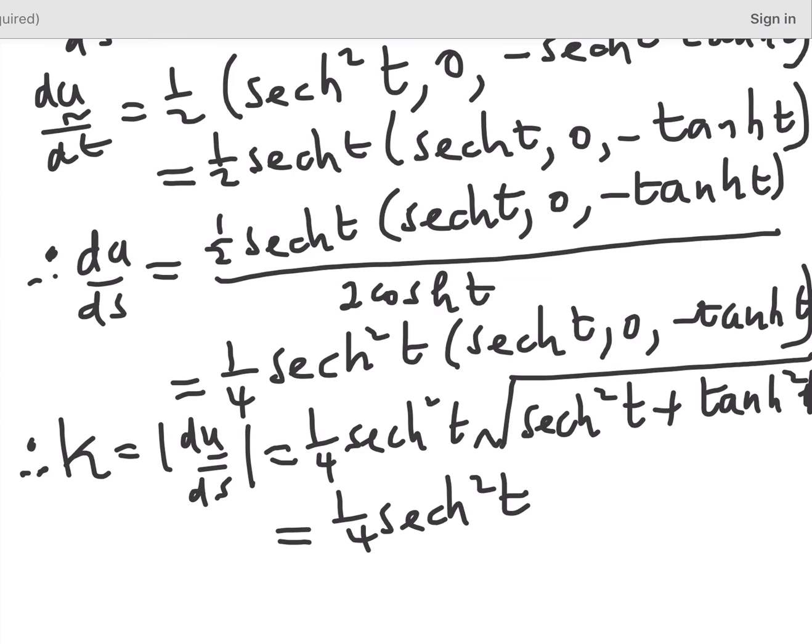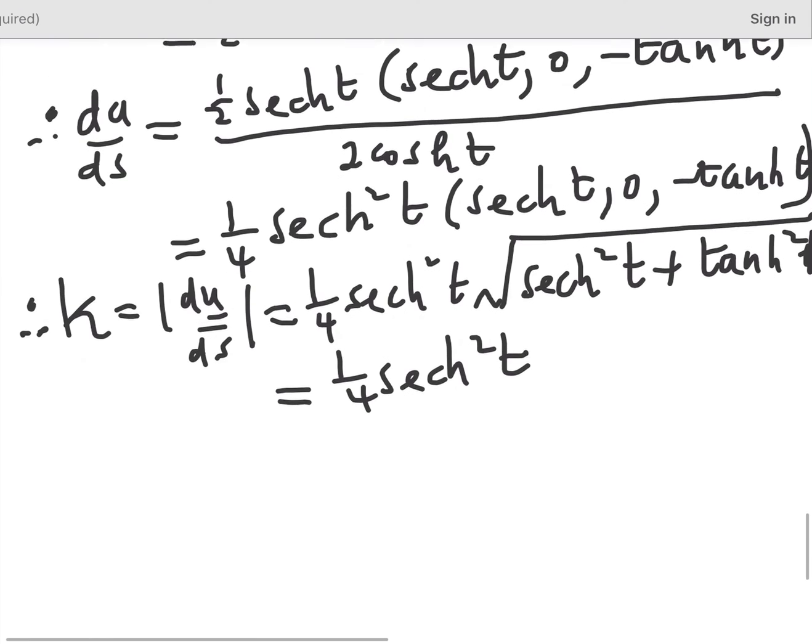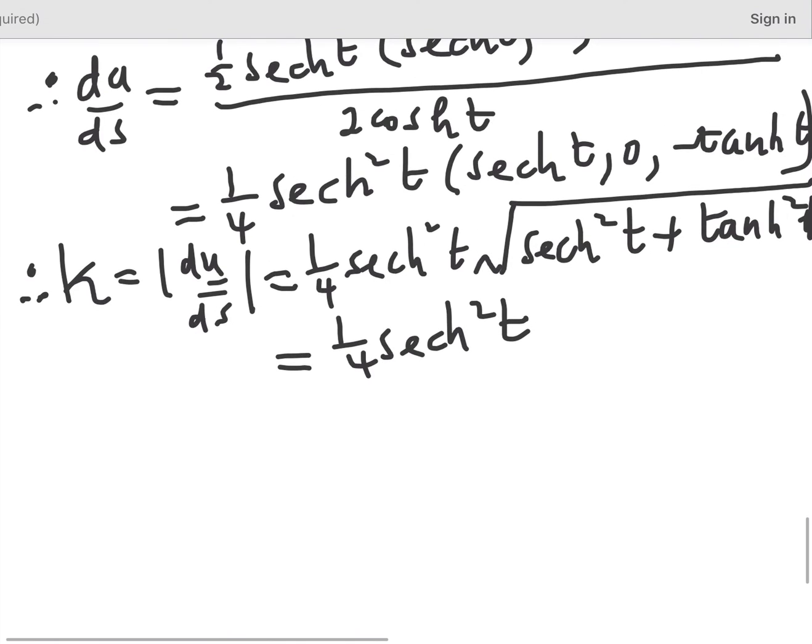It is interesting that if you look at the vector du ds, let's just notice this. Let's use a different color.